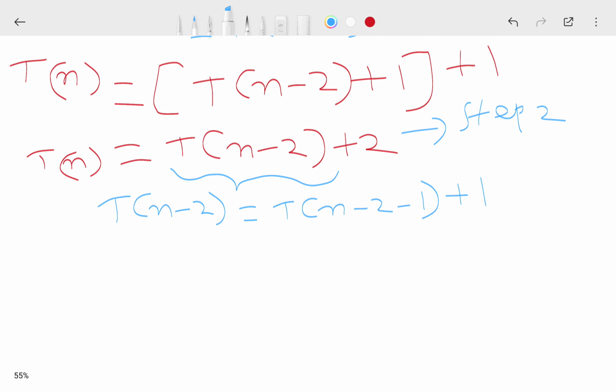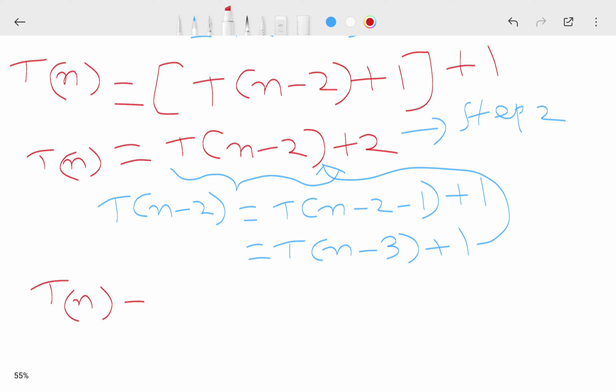So now this is equal to T(n-3) + 1. So substitute this here. So now T(n) equals, instead of T(n-2), this is T(n-3) + 1.